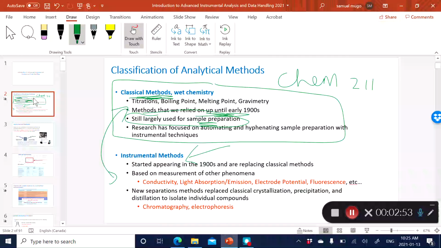Now, instrumental methods of analysis are things like electrochemistry and chromatography, which, as I said, initially used to be classical, but now with automation, they become instrumental methods of analysis. That is the wide range of different types of instrumental analysis that we're going to come across.